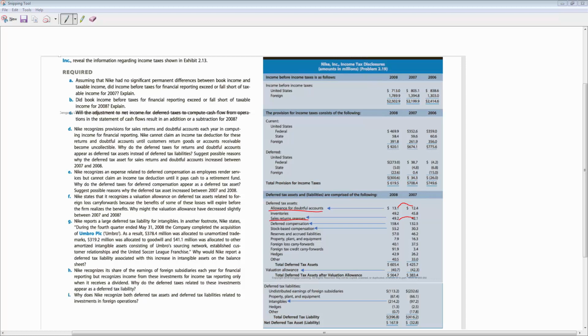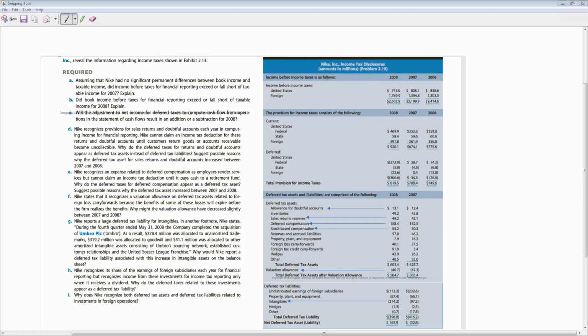Because only when sales increase will the company incur more bad debt expense and more revenue loss from sales returns. So this is the only reason contributing to the deferred assets increase for both factors.